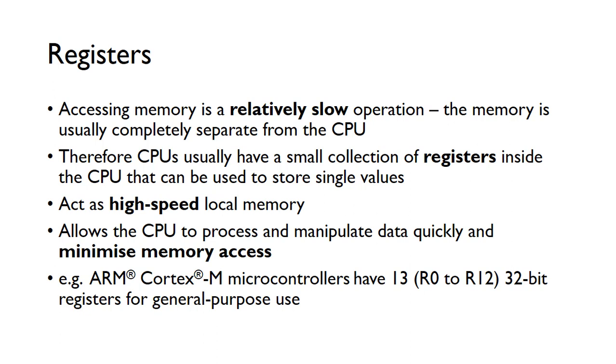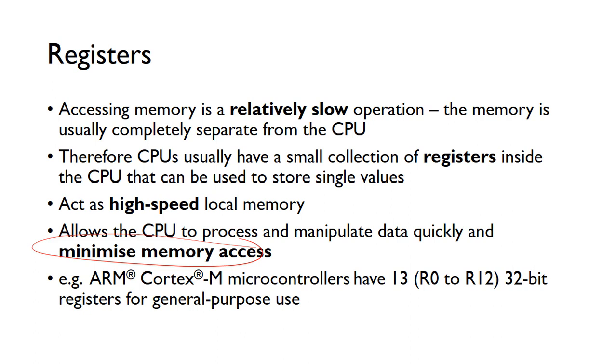By having this small amount of memory inside the CPU, it allows the CPU to process and manipulate data very quickly and minimize memory access, because accessing RAM and the hard drive is a very slow operation compared to the actual processing speed.